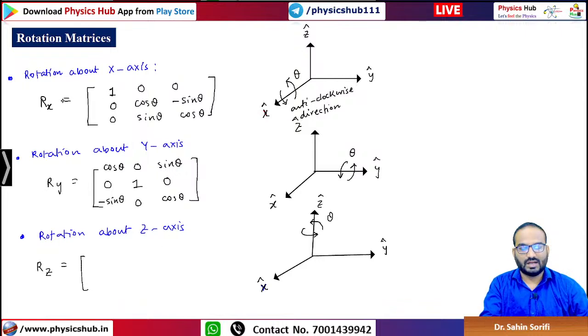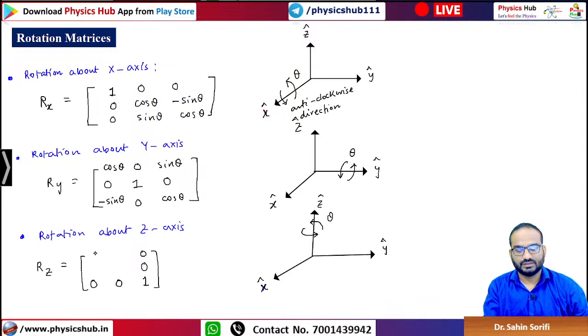now look, for Rx it was 1 0 0, 0 0 0. For the z-axis, for x, 1 was coming at the 1 1 position, for y, 1 was coming at the 2 2 position, for z it will come at the 3 3 position. Then 0 0 0 0. Now here this matrix will be there, cos theta, minus sin theta, sin theta, cos theta.